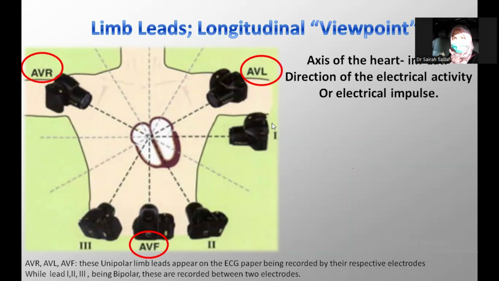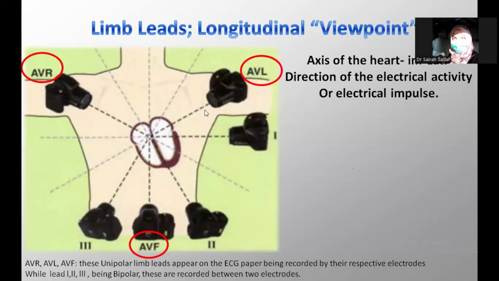So it's like this, it's not like this. So does the direction of the electrical activity, like wherever the heart goes, it goes the same way. So the direction of the electrical impulse is the same as the axis of the heart. Of course, obviously.